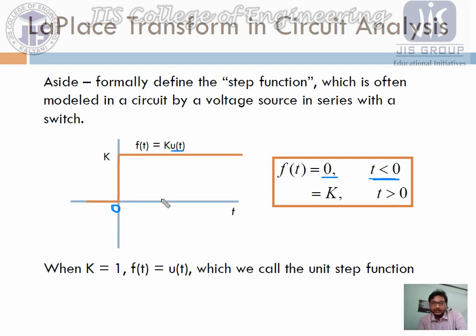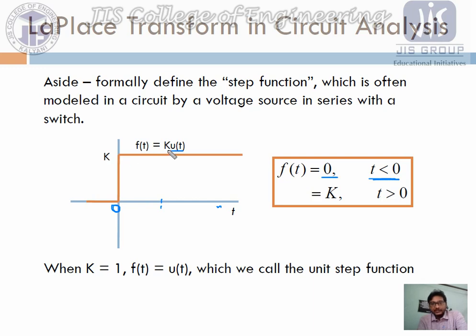So whatever the values 1, 2, 3 up to n, the function gives us the value k. This function always provides the value k. So we can write this function as f of t equals k u of t, where u of t is the step function and the step has a value of k.